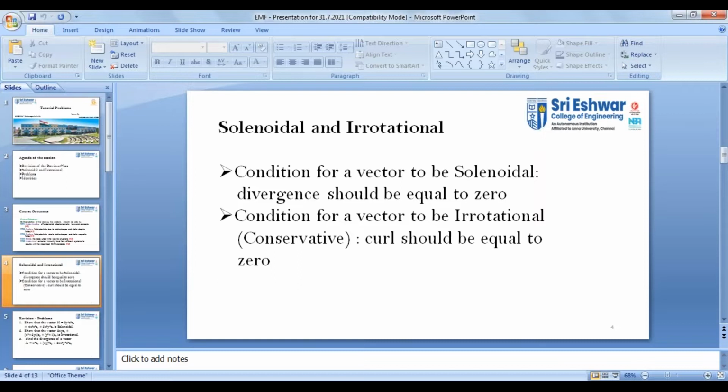I hope out of 112, maybe 70 or 50 students have completed the homework: two problems, one for checking parallelism, another for checking perpendicularity. If you have completed it, take a snapshot and send it to my personal WhatsApp, not in the classroom.